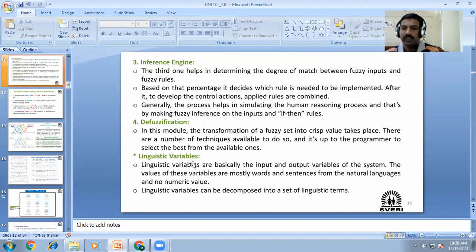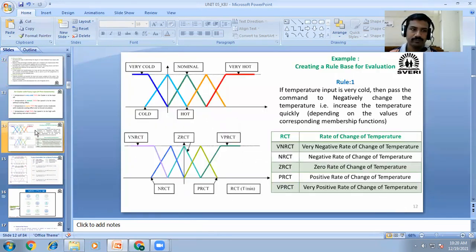In linguistic variables we can also use sentences and words. Some smart sensors or smart ACs might be using this. These linguistic variables are used for analyzing purposes in fuzzy logic.